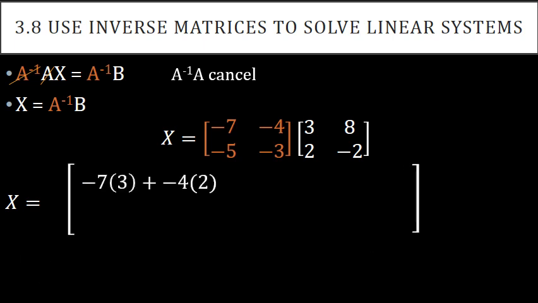So we're going to pick first row, first column. You get negative 7 times 3 plus negative 4 times 2. And then we can do first row, second column: negative 7 times 8 plus negative 4 times negative 2.